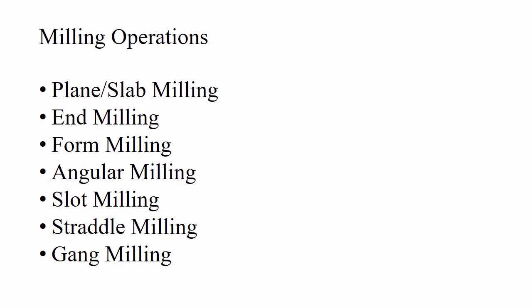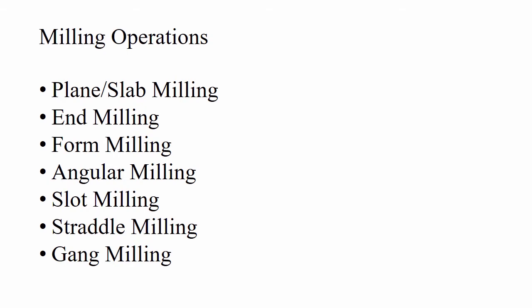The products we produce in milling operations may be of triangular shapes, rectangular shapes, even concave or convex shapes, or any other shapes. That is why milling operations find their applications in material removal.